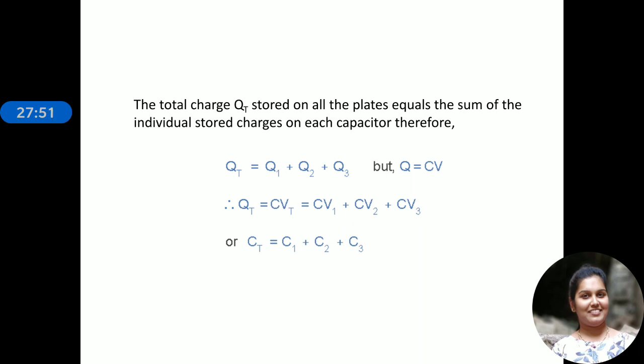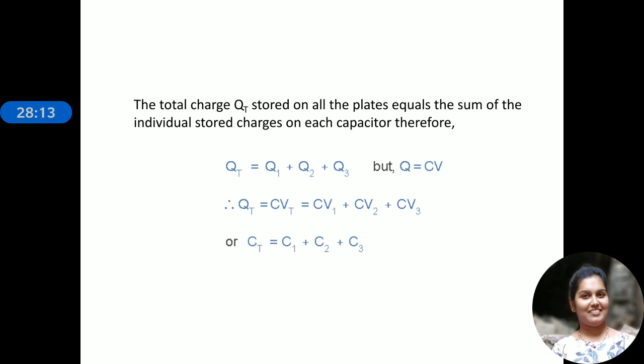As the voltage V is common for all the parallel connected capacitors, we can divide both sides of the above expression by voltage, leaving just the capacitance, and by simply adding together the values of the individual capacitances we get the total capacitance.